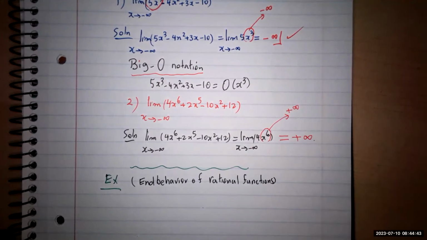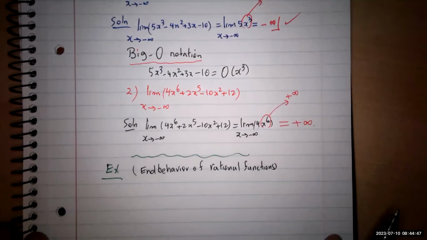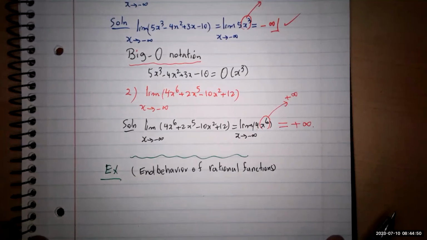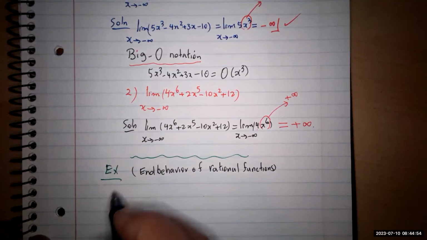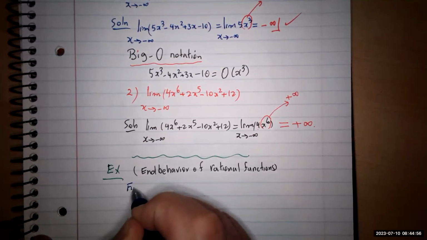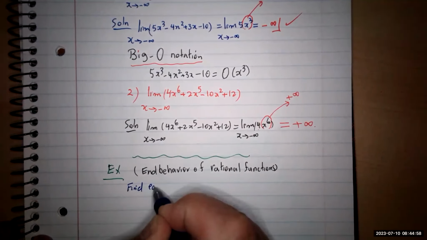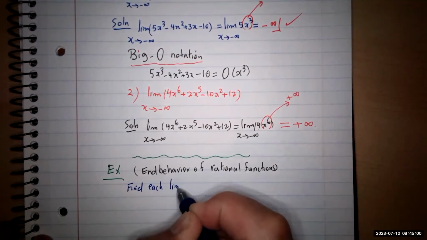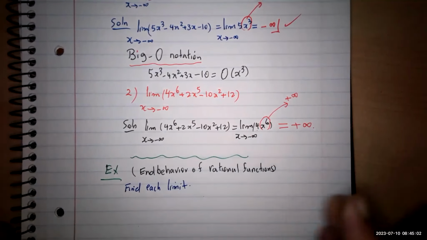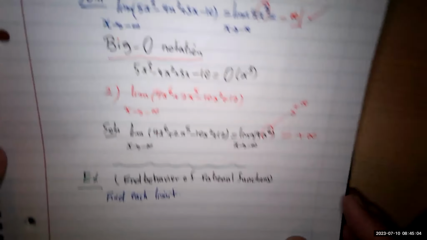So for the rational functions, again, like the one that we did, let's have a couple of examples that make it general, then we'll be able to do it. So let's try. What's going to be the main one that we need? Find each limit. That would be the key to the formula that we're going to give you.